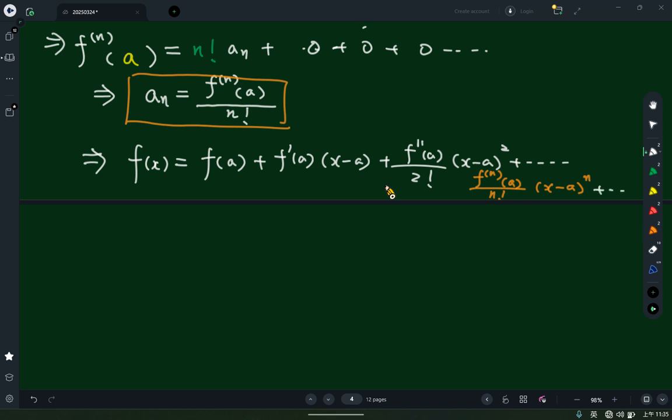So this is very important because we can already get the coefficients and just put them in.